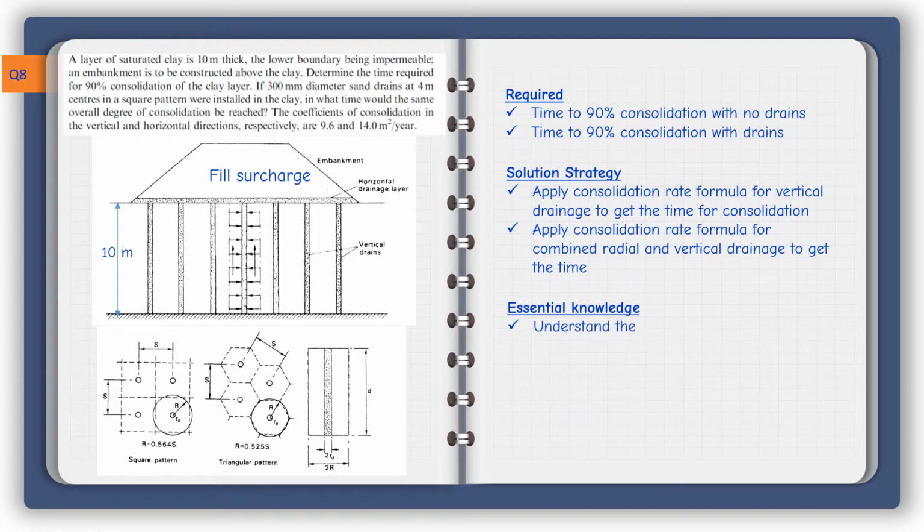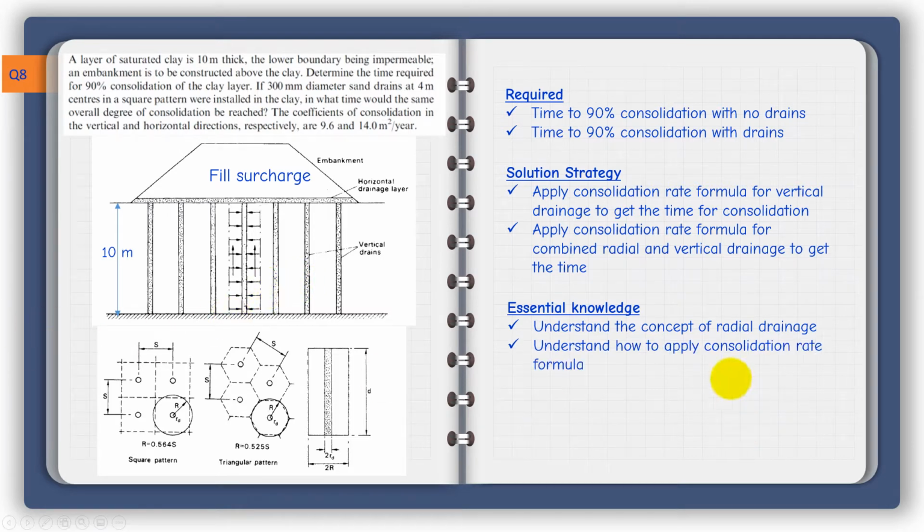Essential knowledge. We need first to understand the concept of radial drainage. So we have here vertical sand drains in plan, these small circles in either a triangular pattern or a square pattern. The problem we have in hand is a square pattern, as we can see here, so that any soil element here will be able to consolidate both radially and vertically.